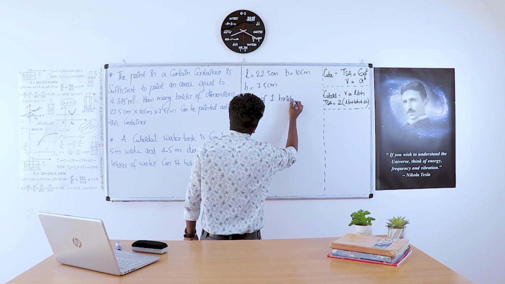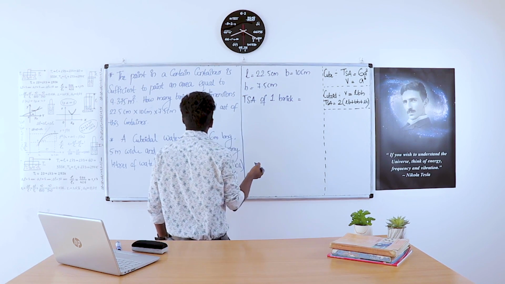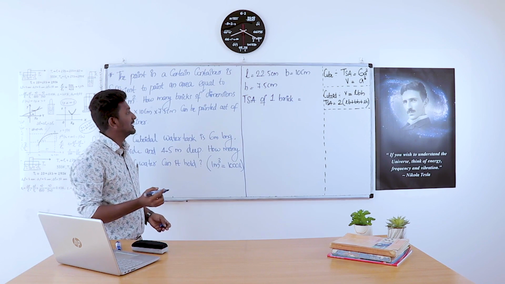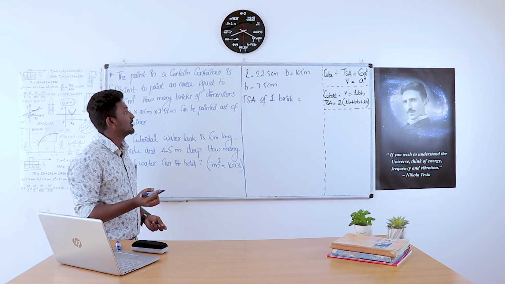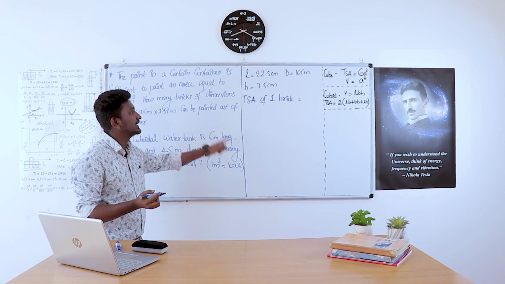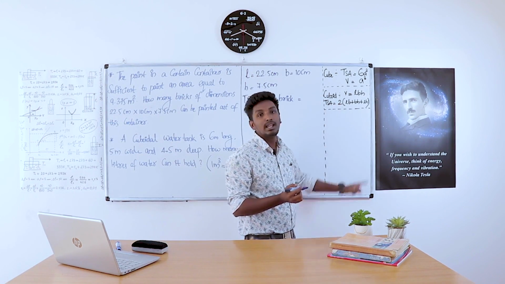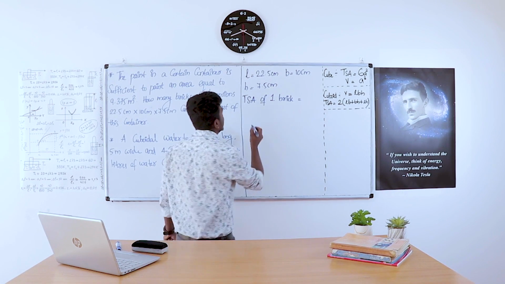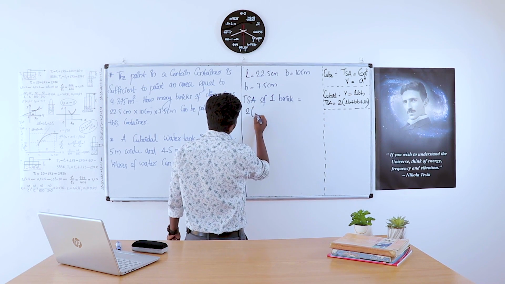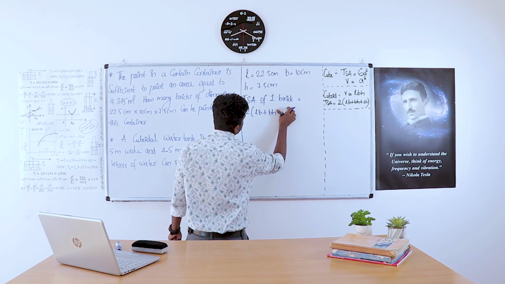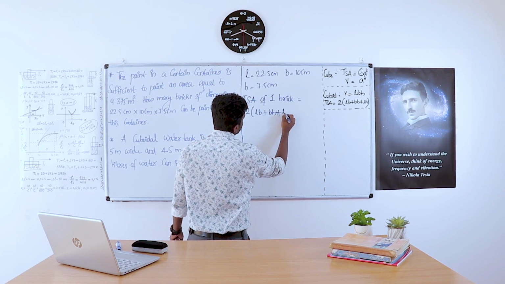How will we find the total surface area of one brick? We know that a brick is in the shape of a cuboid. For finding the total surface area of a cuboid, we have the equation 2 into LB plus BH plus LH.